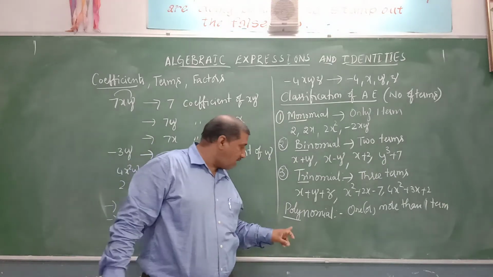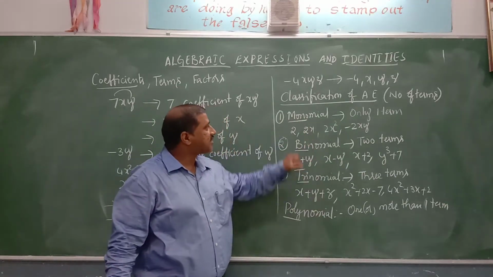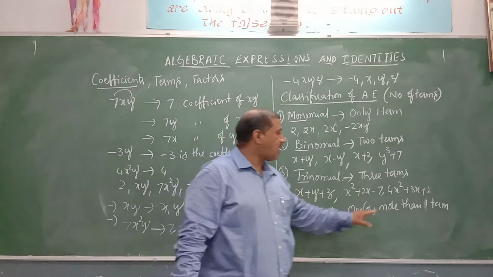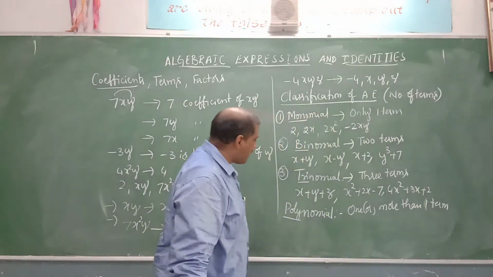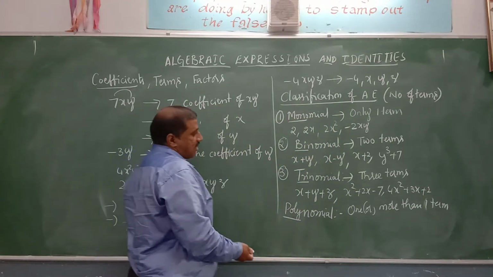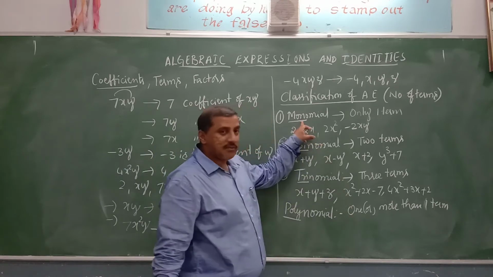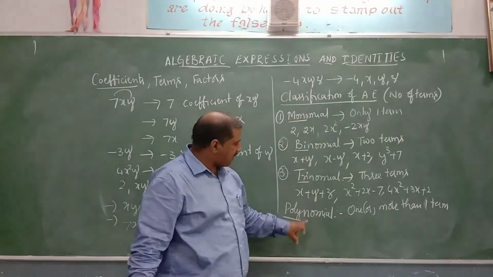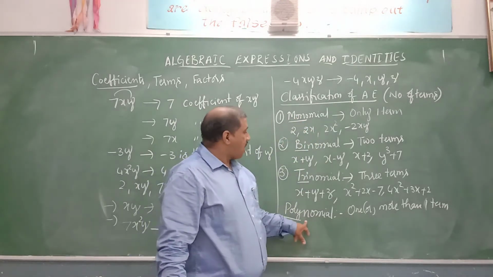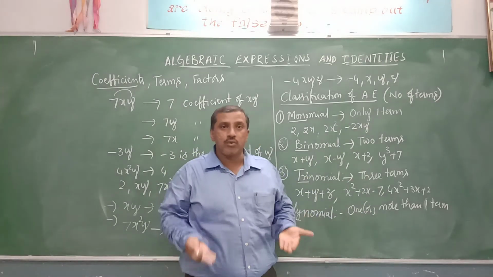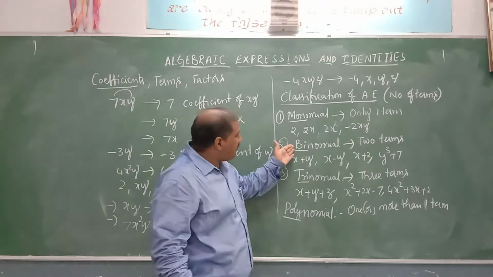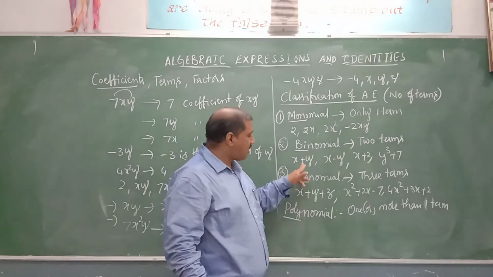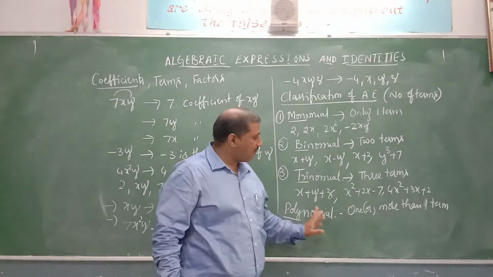A polynomial is an algebraic expression which contains one or more than one term. If only one term is there, it is a monomial, which means all monomials are polynomials. More than one term means 2 terms or 3 terms, which means all binomials and all trinomials are polynomials.